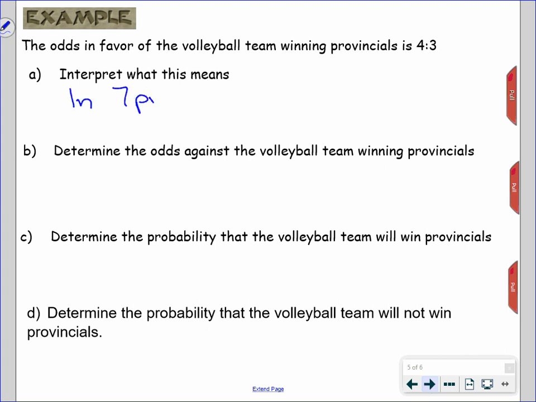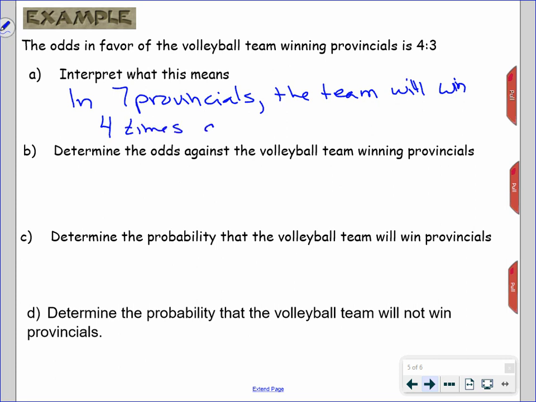So in 7 provincials, the teams will win 4 times and will lose 3 times.